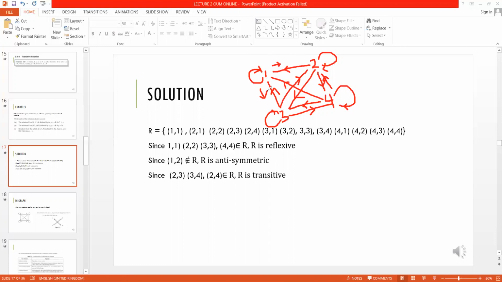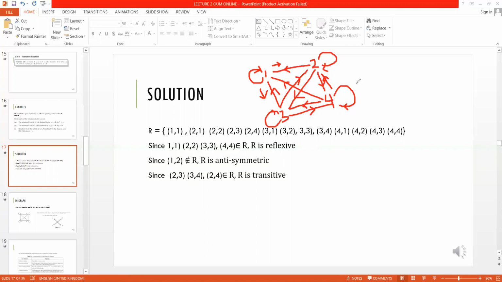Okay, good. On the other hand, when it comes to transitivity, there is satisfaction from all angles. So 1 to 2, 2 to 4, 4 to 3. We have 1 to 2 to 1, 2 to 4, 4 to 1. So transitivity is established in this set.